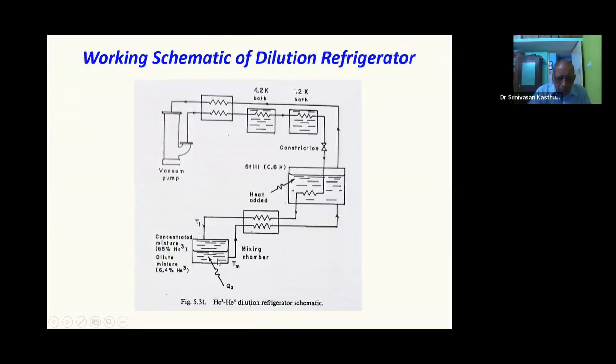That's what happens, and this can be done by using this pumping arrangement. So helium-3 is essentially diluted in a mixture of helium-4. During the process, the temperature of the bath goes down and you are able to reach a lower temperature in the mixing chamber. This is exactly what happens.